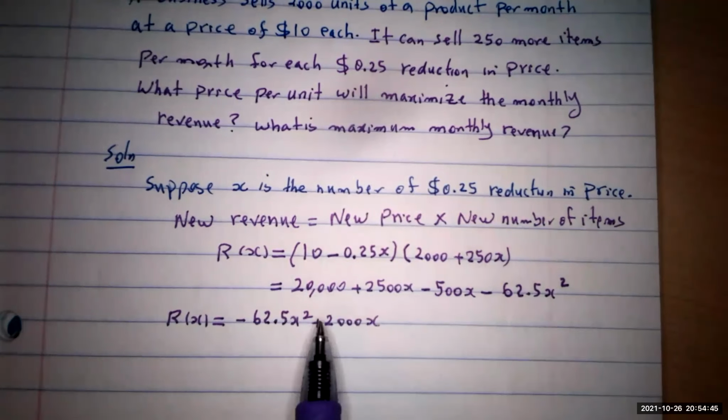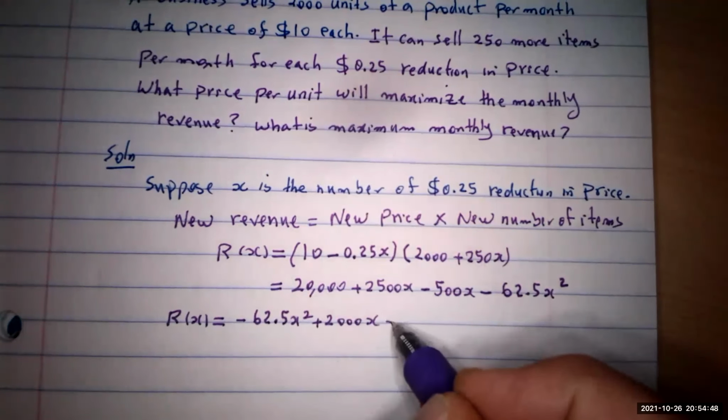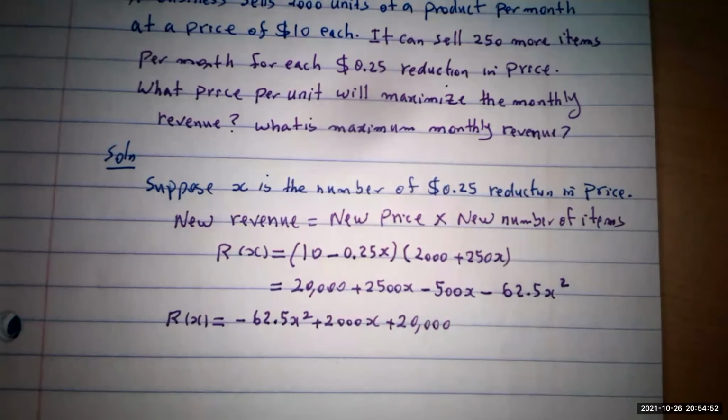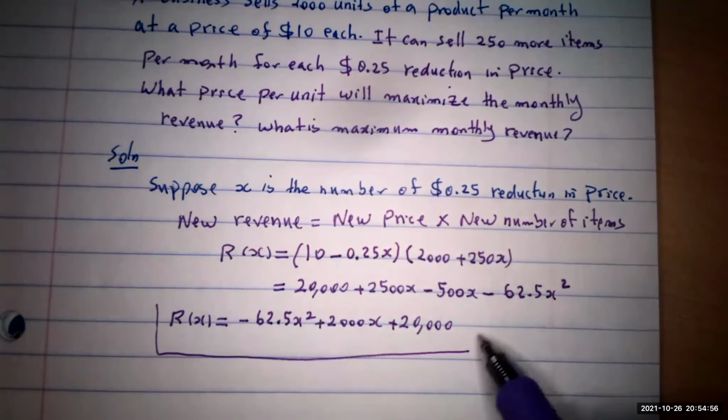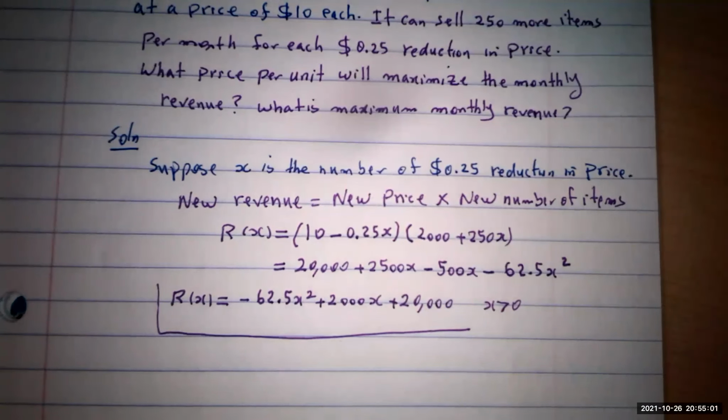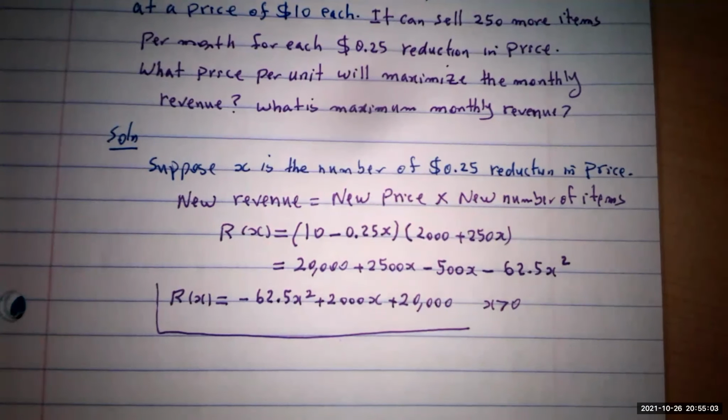And for the numbers, I have 20,000. That's going to be the revenue function. The only restriction is that, of course, X is positive, because X is going to be the number of times that you're going to change the price.